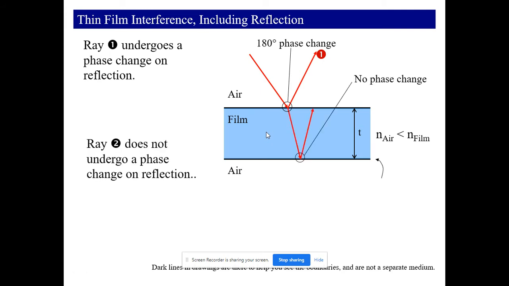Then this ray will be refracted into the film, and then it will be reflected from this particular point. Now this time the case is different. The wave was coming from rarer to denser. Now the ray is going from denser to rarer, and this time there would be no phase change.